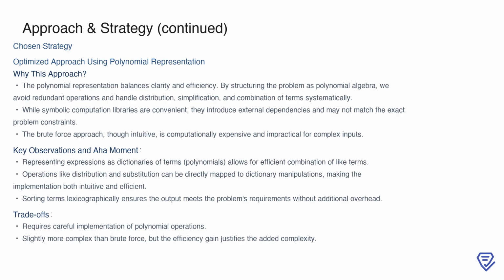A key realization here is that representing the expression as a dictionary of terms allows us to combine like terms efficiently. Furthermore, operations like distribution and substitution are intuitive to implement when mapped to dictionary manipulations. By sorting terms lexicographically, we ensure the output format adheres to the problem requirements without adding extra overhead.